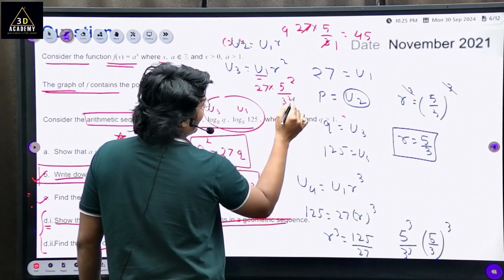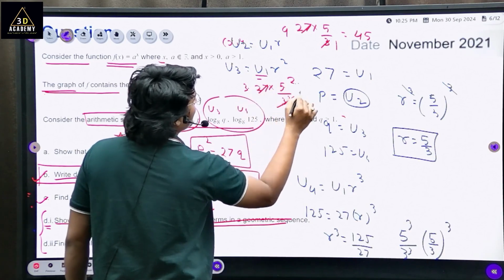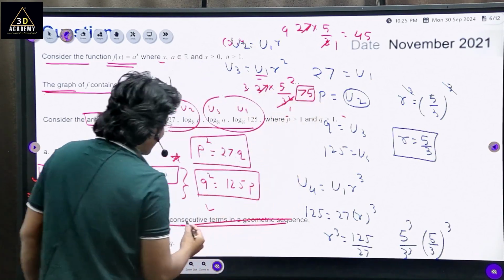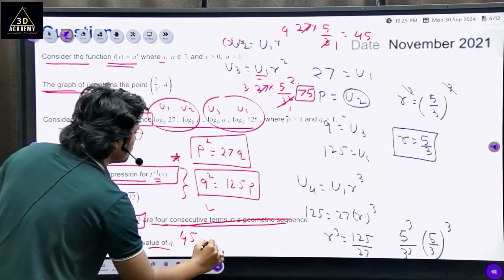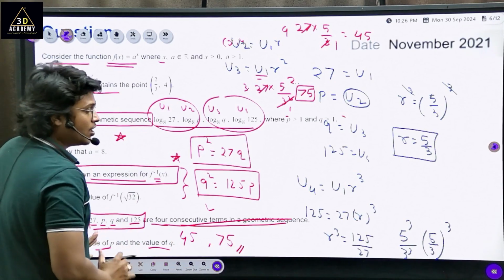So 3 square is 9, 9 ones are 9, 3 fives are 25, 25 threes are 75. So the value of P is 45 and the value of Q is 75. This is our answer. Okay.